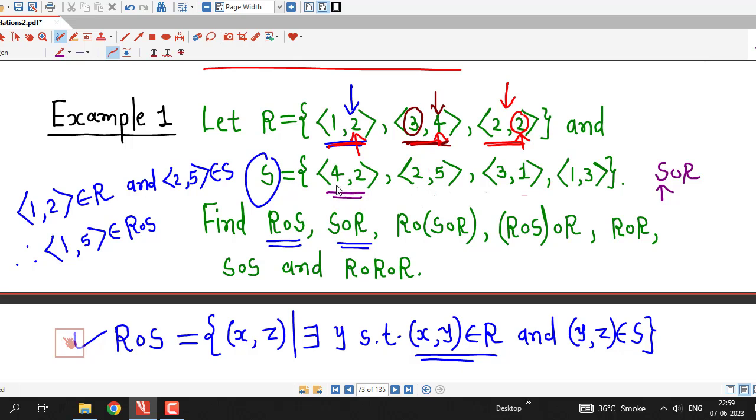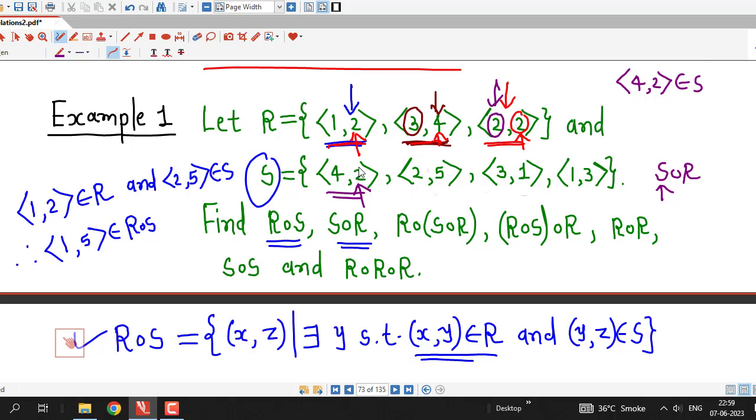So here ordered pair 4 2 belongs to S, and second component of this ordered pair is 2. So in relation R, I have to search for that ordered pair whose first component is 2. Here first component is 1, here 3, and here first component is 2.